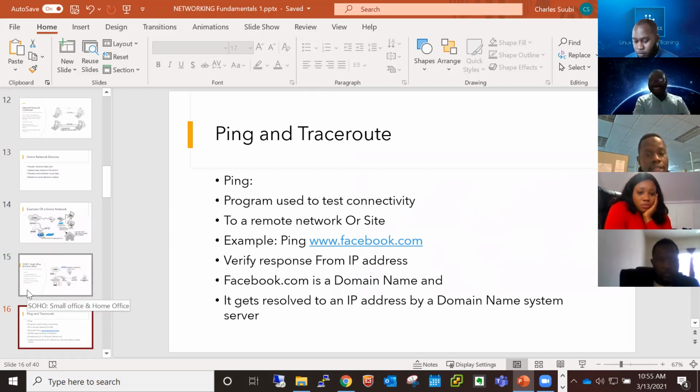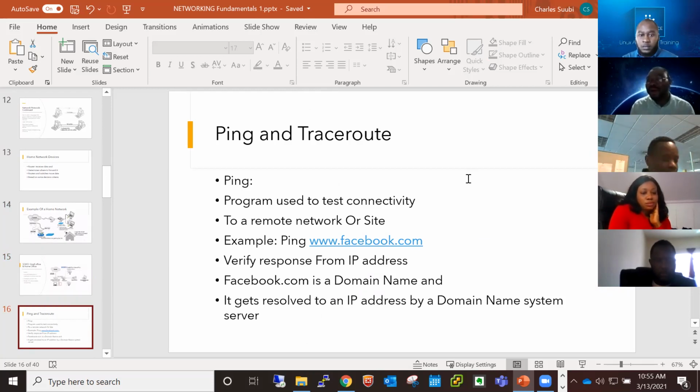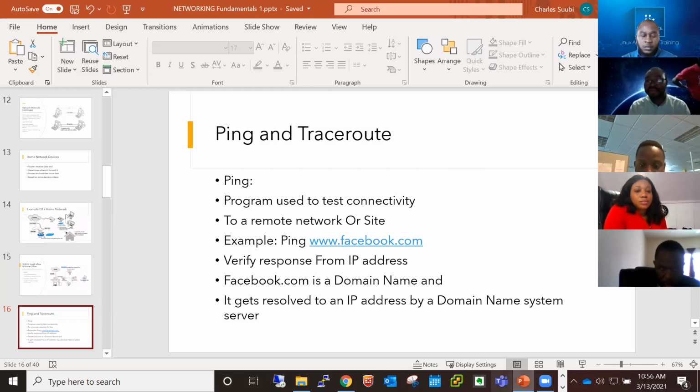Guys, what is ping? You guys have done this already, right? When you are pinging something, you are trying to find out if that particular server either has a working IP address or not. Can I have someone else giving me an answer apart from Faith, apart from Jonathan? How many are we in class today?